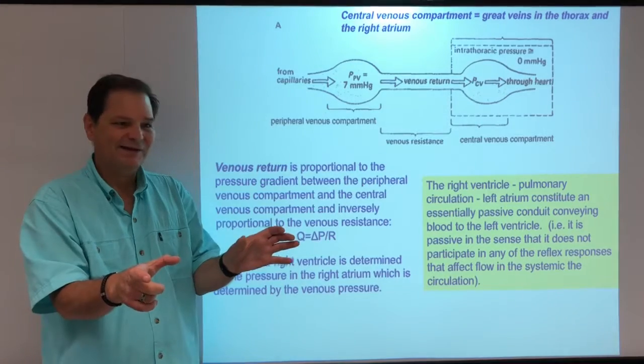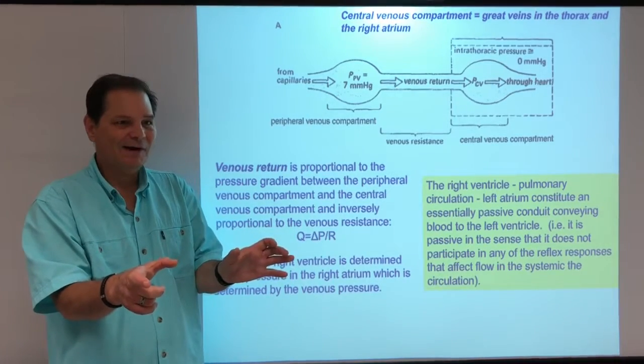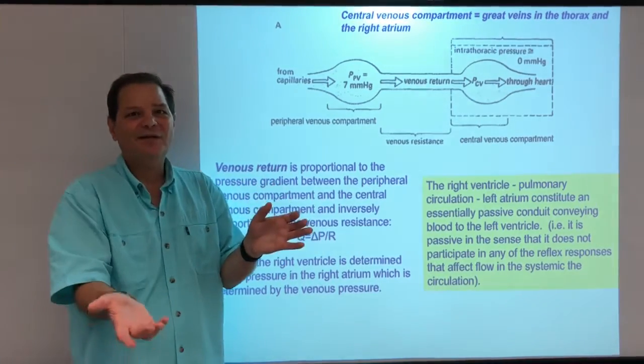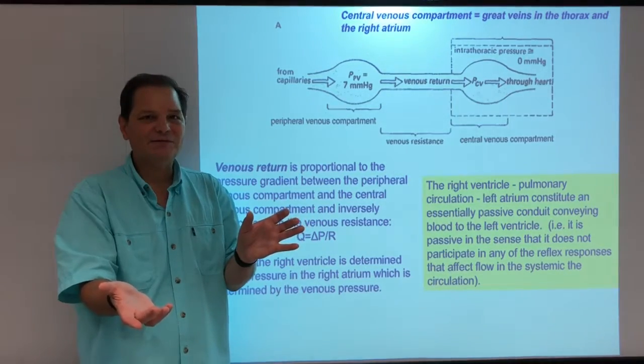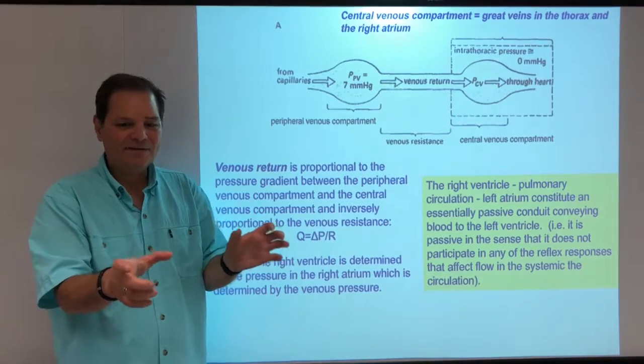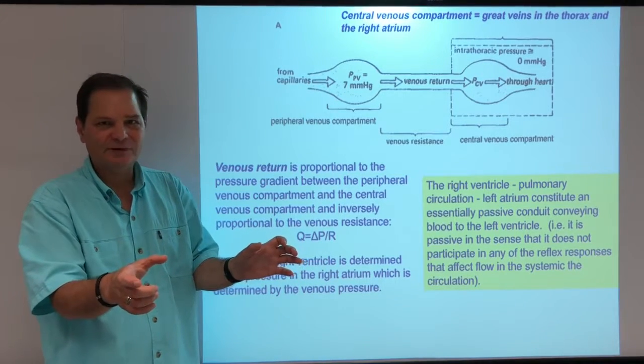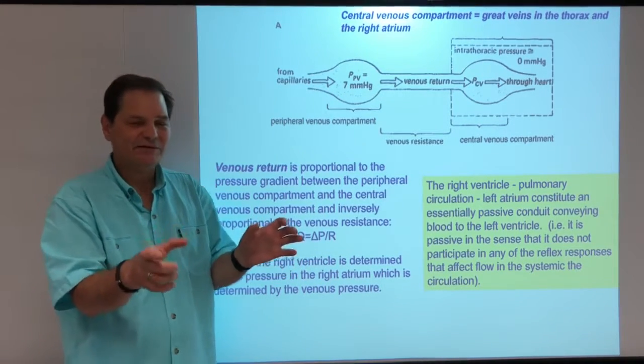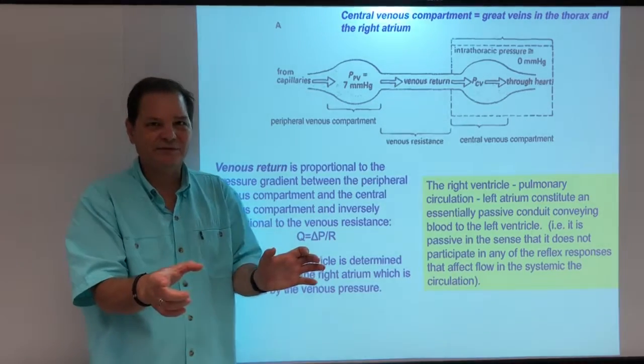Because what's happening is you're getting more filling on the right. There's really nothing that is going to alter that relationship between the right ventricle and the left atrium. And so changes in filling on the right are reflected by changes in filling on the left, and vice versa.